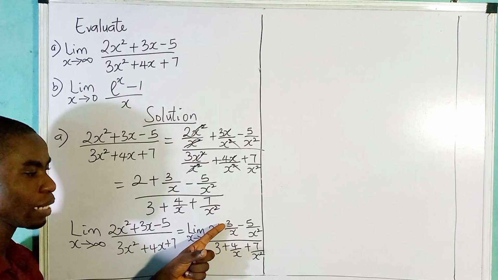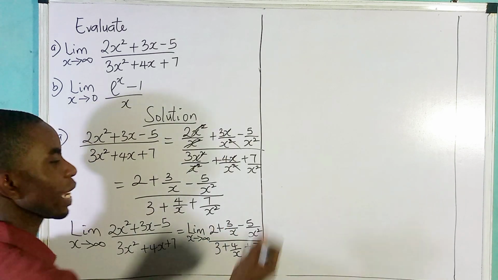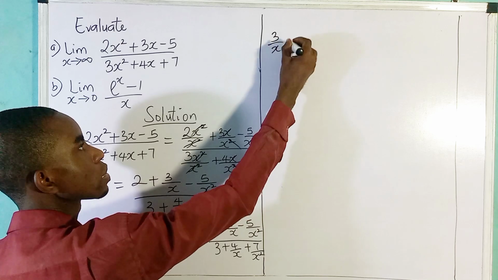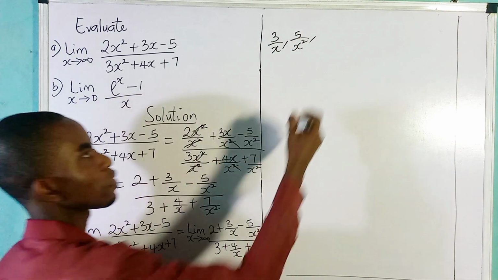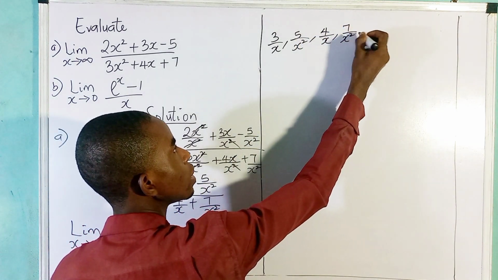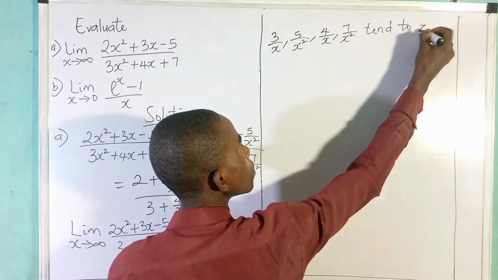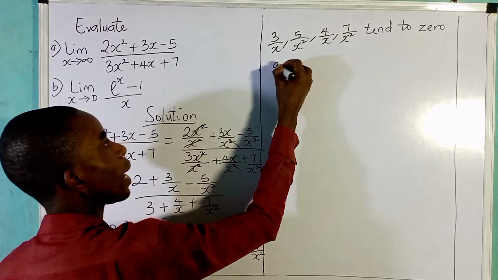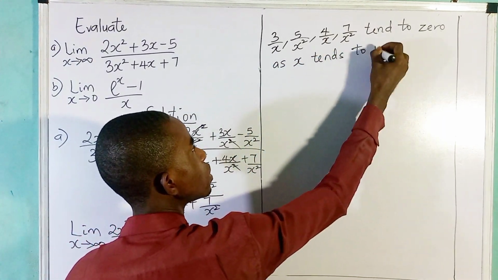When you are dividing by the same numerator, it tends to 0. So we have 3 over x, 5 over x squared, 4 over x and 7 over x squared, they tend to 0 as x tends to infinity.